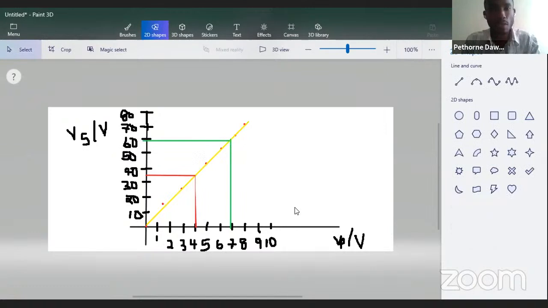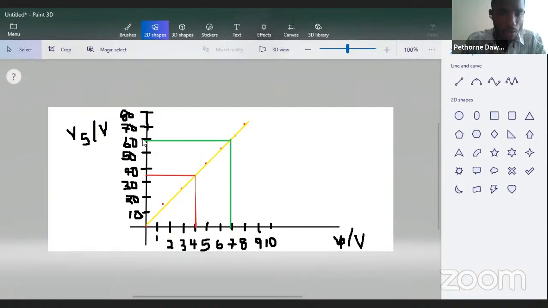Based on that, the Y2 value is the one with the green line at the top, about 59 or 60. The Y1 value is the one with the red line on the Y-axis. The upper value on the Y is Y2, the lower value is Y1.